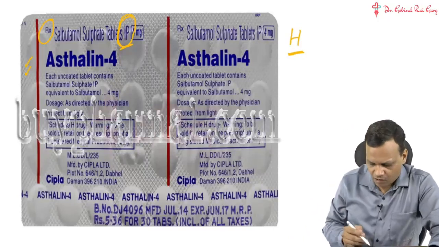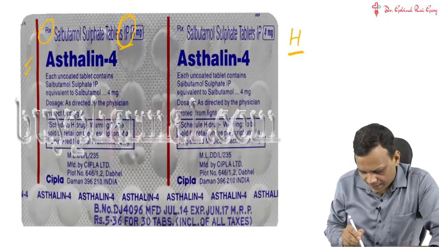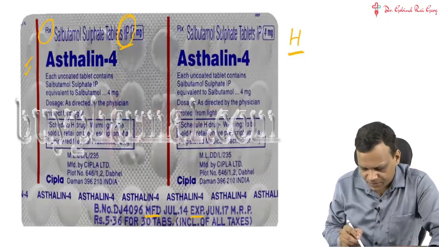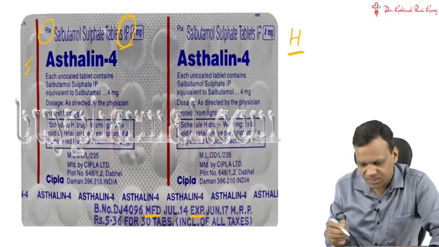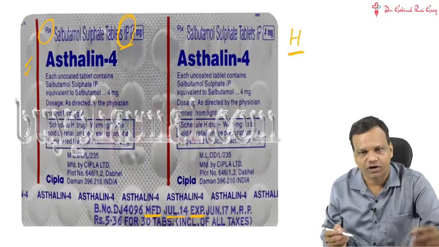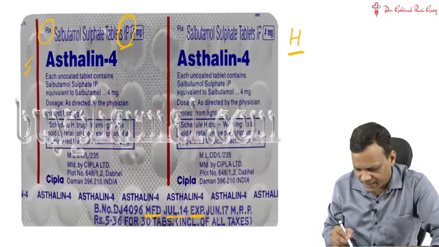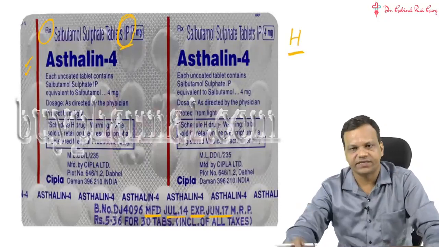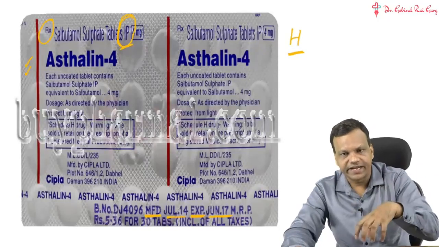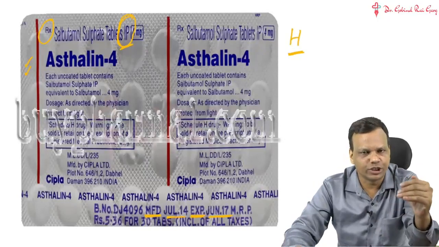Okay. Now after that, MFD and EXP is written. MFD means manufacturing date, EXP means expiry date. Okay. So manufacturing date is July 2014. 14 means 2014. Expiry date is June 2017. So one important thing to remember, till what date this drug can be safely used.